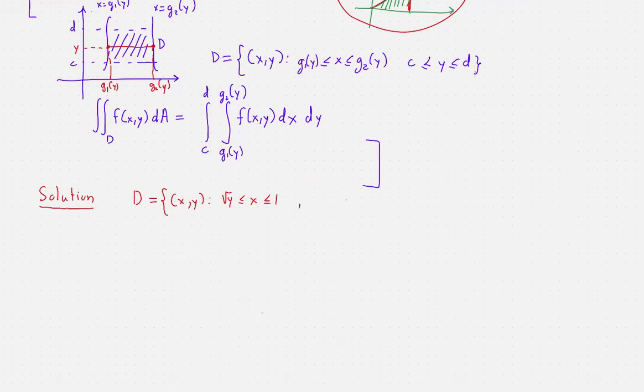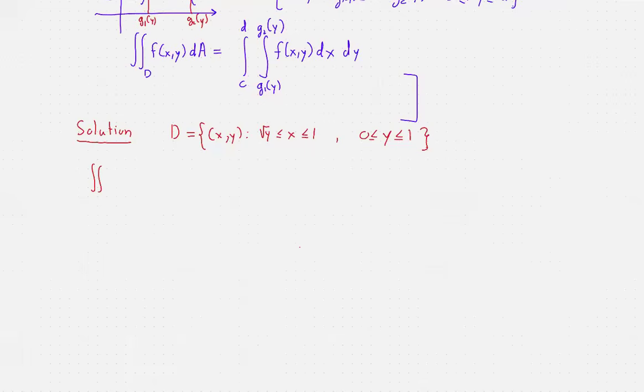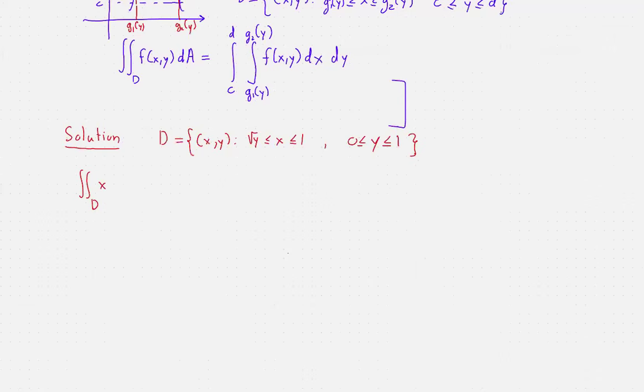So our integral over D of xy cubed dA will be written as an iterated integral from square root of y to 1 of xy cubed dx. That's the important part. And then dy from 0 to 1.